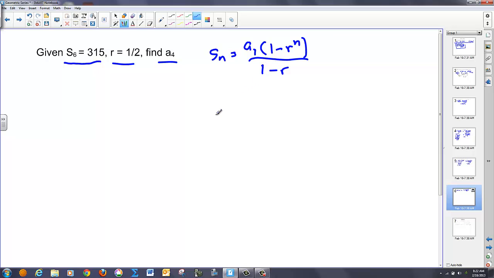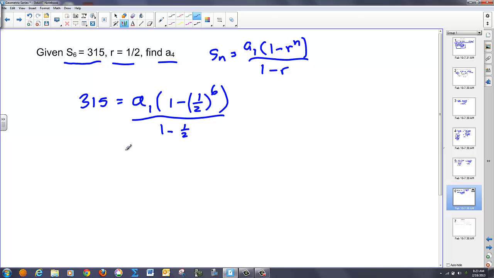So we're going to find that first term, use our ratio to calculate the 4th term. So let's start with the sum of the 6 terms of 315. It's going to equal whatever my first term is times 1 minus the ratio of a half is given to us. We know we have 6 terms over 1 minus that ratio of a half.